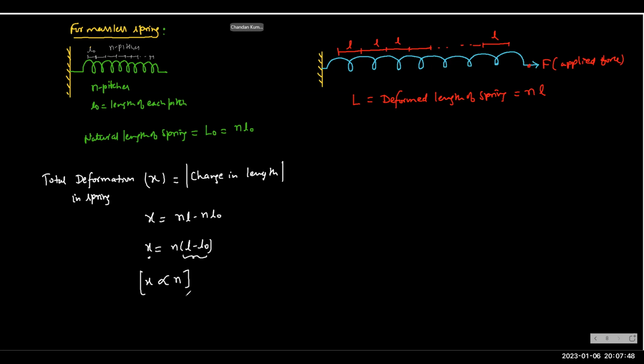Once again, my question is, I think you have not answered the question. Imagine you are applying a force F to a spring of length half of this original spring. So you simply cut the spring into two parts and then again you apply the force F. What will change and what will not change?